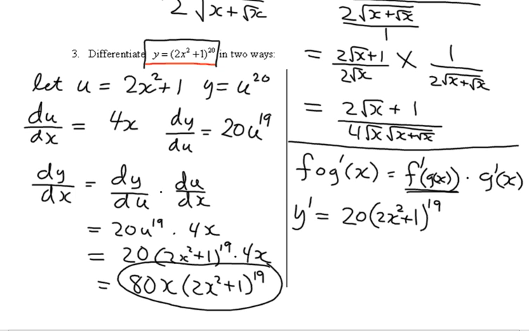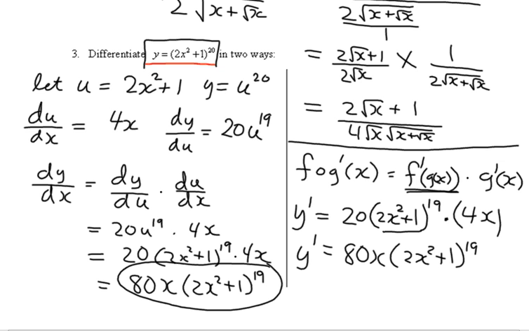Now, we follow that with the derivative of the inner portion. The inner portion is always the g of x. So it's 4x. Keep in mind that the derivative of the plus 1 part is 0. We simplify it. So there you go.